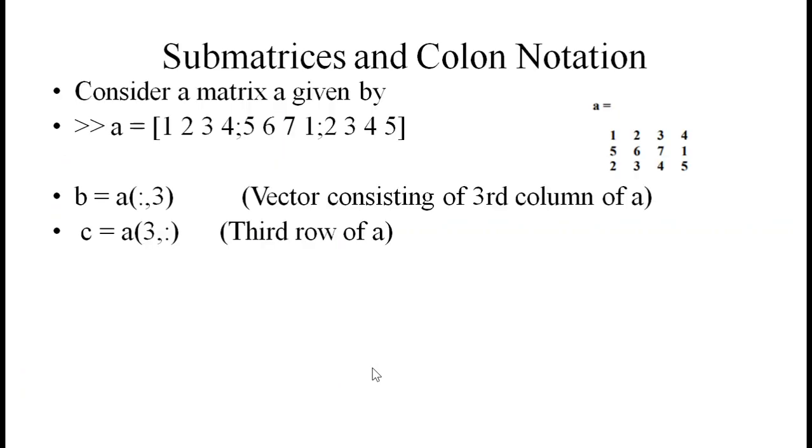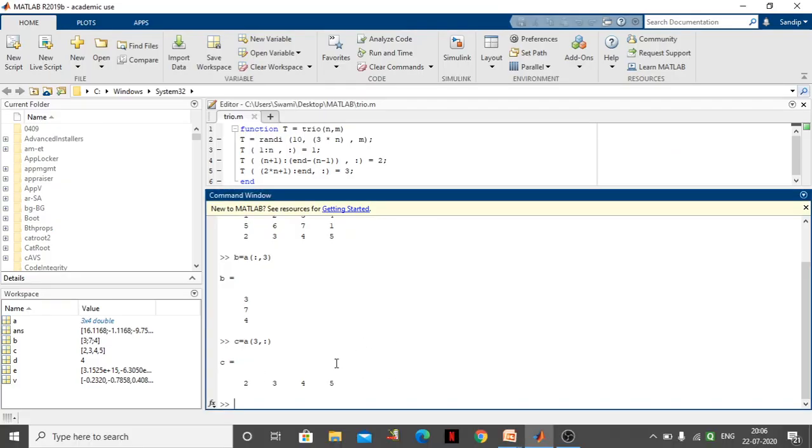Now we'll also see another one, that is D equals A of end. End means the last row. This is for row, right? If end will be here, then this will be for column, the last column, right? So we'll see this change.